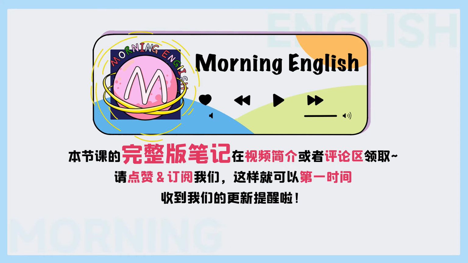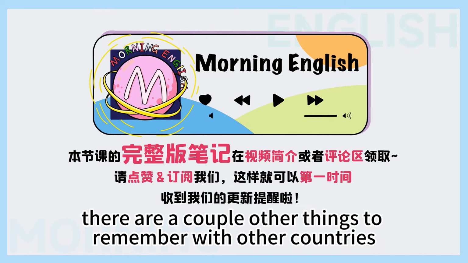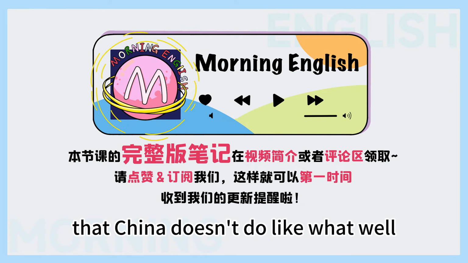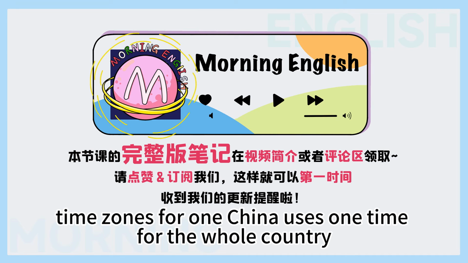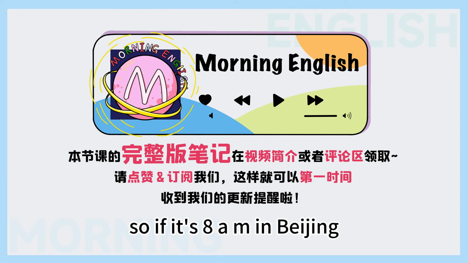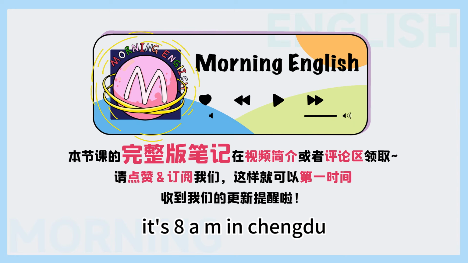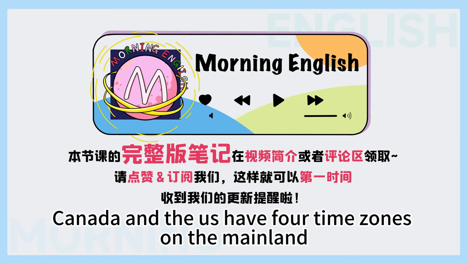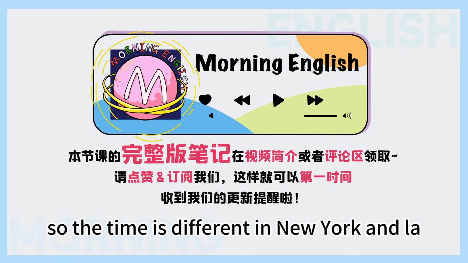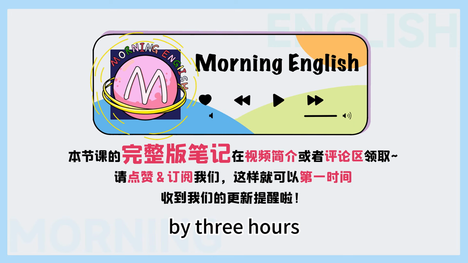Right. Well, there are a couple other things to remember with other countries that China doesn't do. Like what? Well, time zones for one. China uses one time for the whole country. So if it's 8 a.m. in Beijing, it's 8 a.m. in Chengdu too. But many large countries change the time in different regions. Canada and the US have 4 time zones on the mainland. So the time is different in New York and LA by 3 hours.